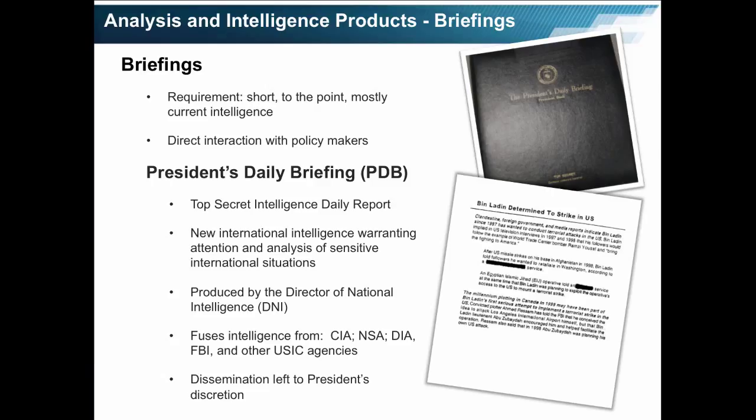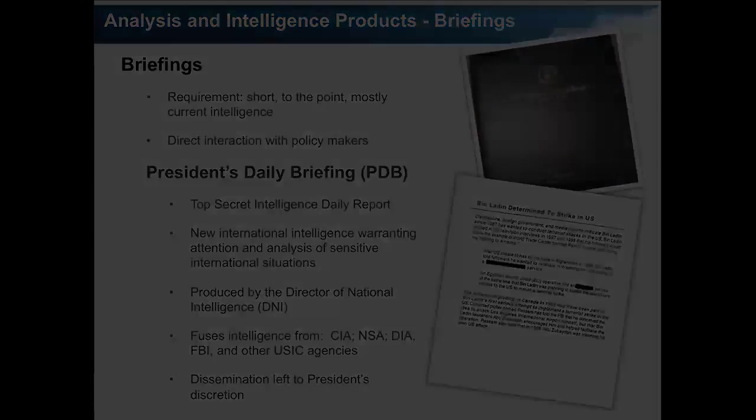It is produced by the Director of National Intelligence. We saw this in Lesson 1. It fuses intelligence from the CIA, the NSA, the DIA, the FBI, and other agencies within the USAIC. The dissemination of the daily briefing is left to the President's discretion.